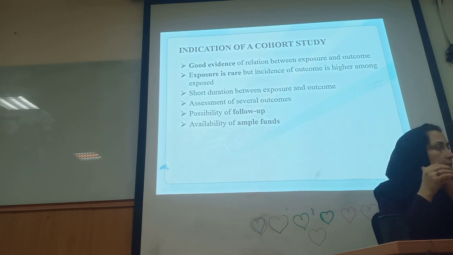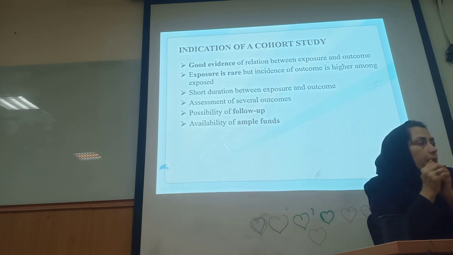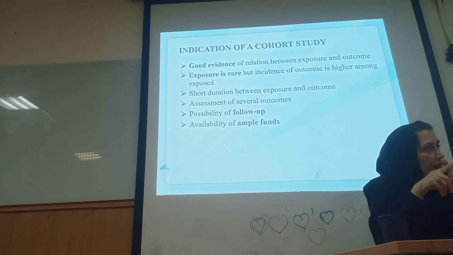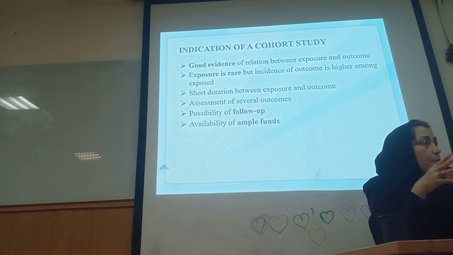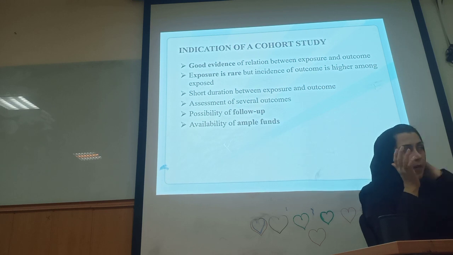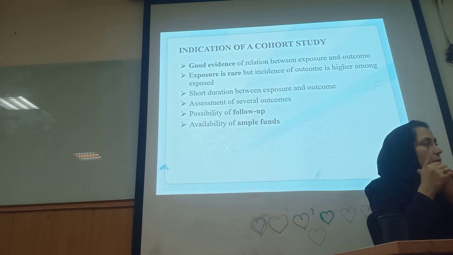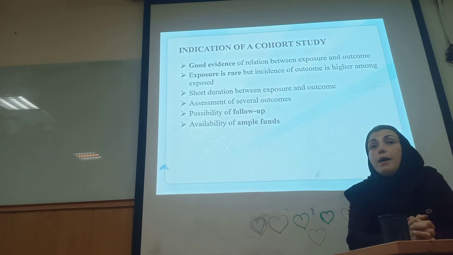Indications of a cohort study: good evidence of relationship between exposure and outcome. Exposure is rare, but incidence of outcome is higher among exposed. Short duration between exposure and outcome.